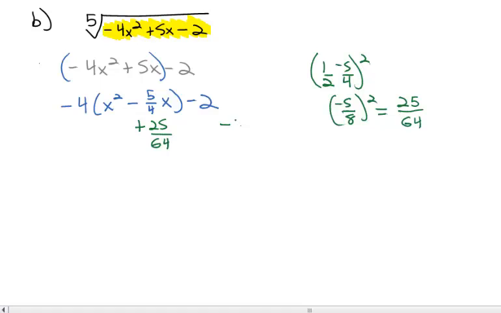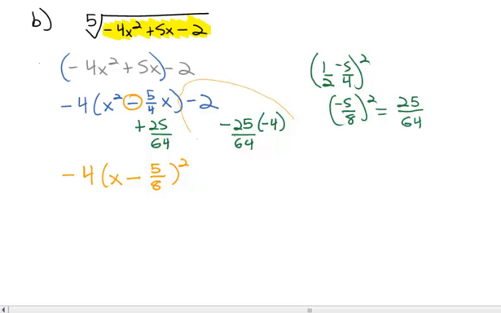And from the end, subtract 25 over 64 times the front term, which notice is a negative 4. Now when we factor and simplify, we have negative 4 times stuff squared. The square root of x squared is x, sign from the middle, and the square root of 25 over 64 is 5/8.